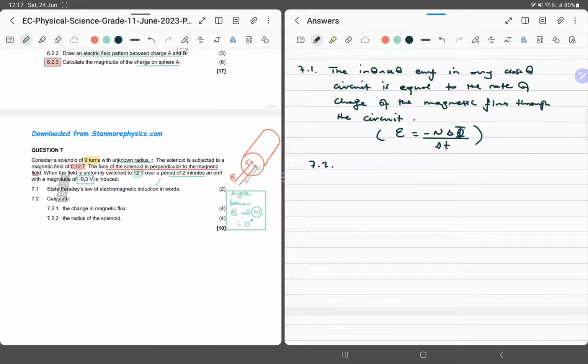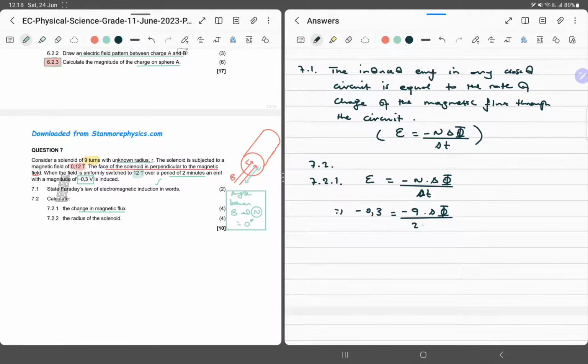So 7.2.1: calculate the change in the magnetic flux. We know EMF is equal to N times delta phi over the change in time. We were told here minus 0.3 equals minus 9, because the turns are 9, times delta phi, which is what we want, over the time.